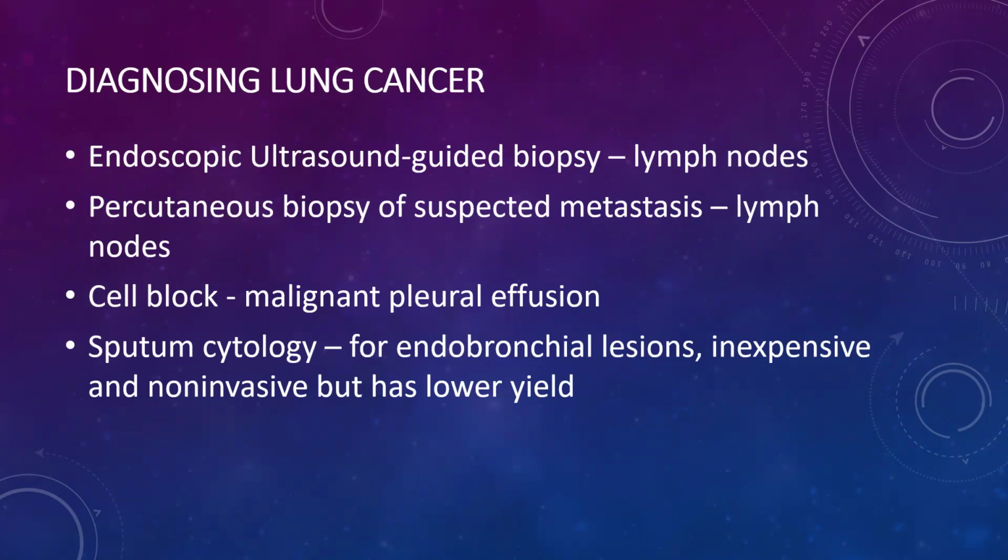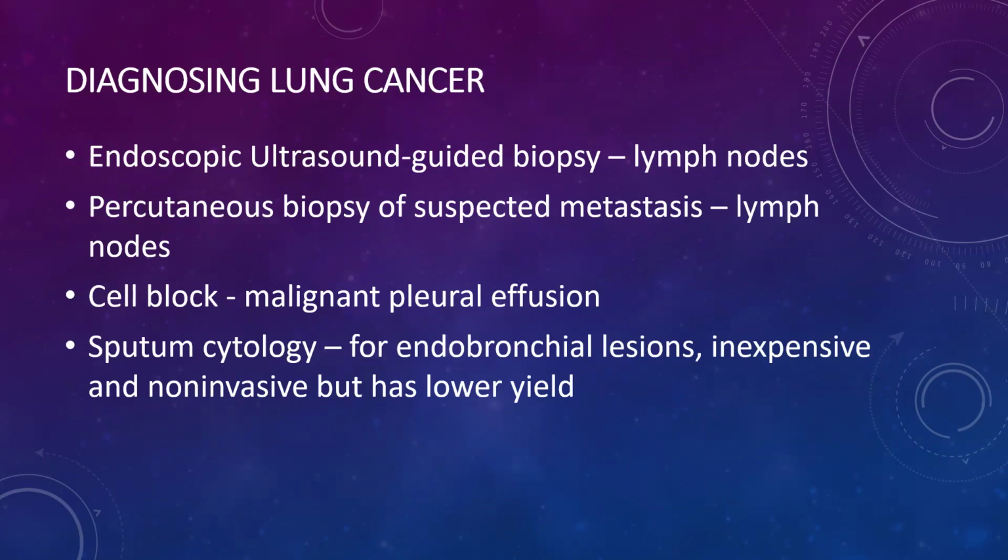You can do cell block if the patient manifests with pleural effusion and you're suspecting a malignant form of pleural effusion. And we can even request for your sputum cytology. So this is requested for your endobronchial lesions. If a patient has a mass inside the bronchus, then if you submit the sputum for histopathology, you might see malignant cells.